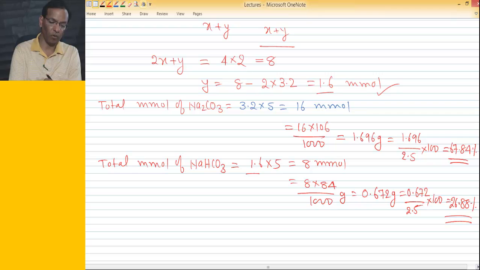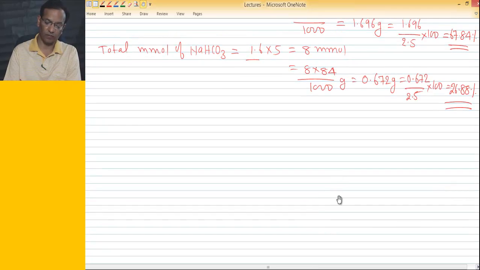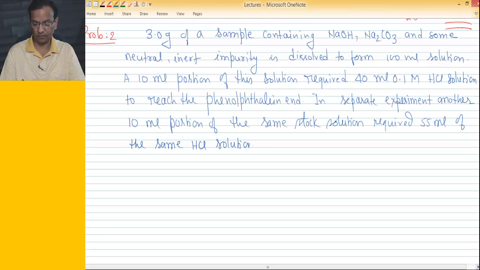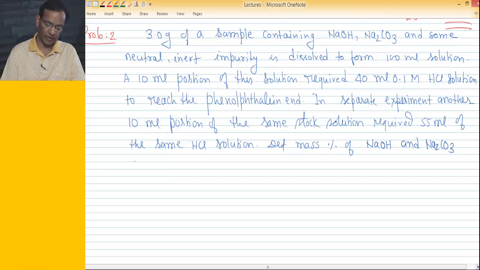Let us work out one more problem. The question is now: 3 gram, determine mass percentage of NaOH and Na2CO3 in the sample.